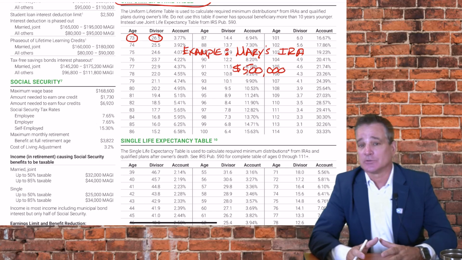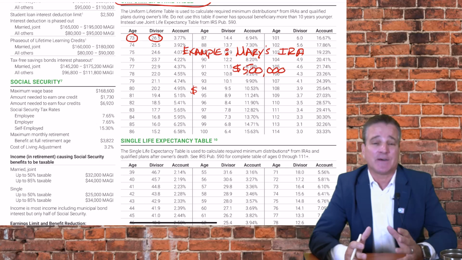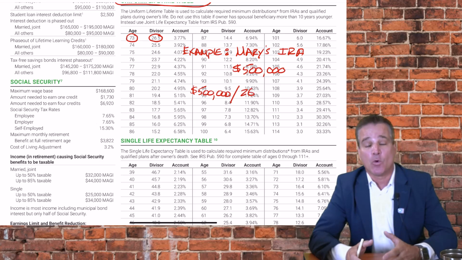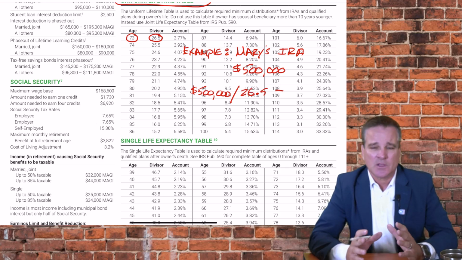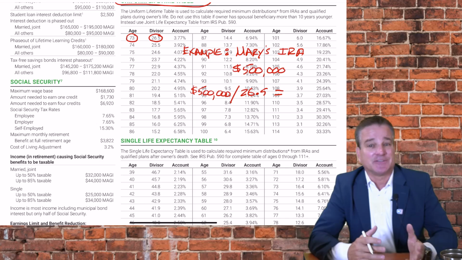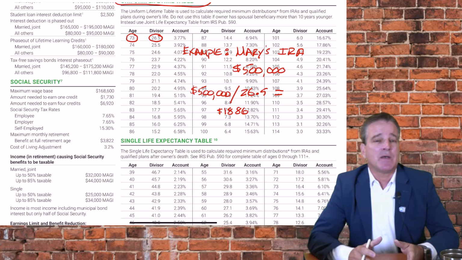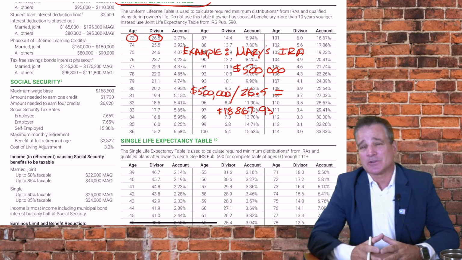Let's further assume an IRA balance of $500,000 on December 31st, 2023, the year before her RMD age. So if we take $500,000 divided by 26.5, that total ends up being $18,867.93. Now remember, she would have until April 1st of 2025 to take out that very first RMD.